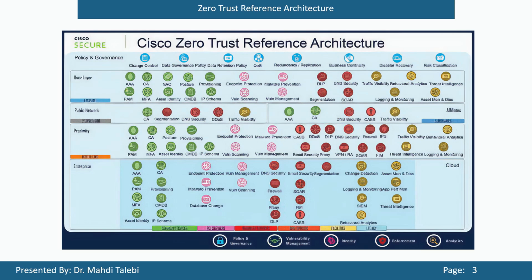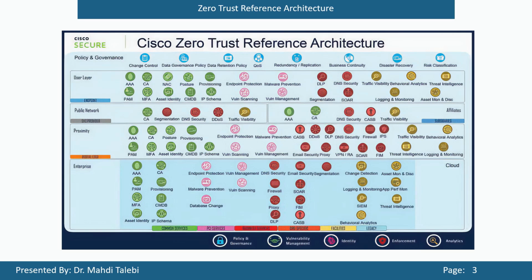Vulnerability management. This involves monitoring and protecting the network by continuously scanning for vulnerabilities, managing these vulnerabilities, and securing endpoint interactions. It includes technologies and processes like malware prevention and segmentation to manage risk and mitigate potential threats dynamically.